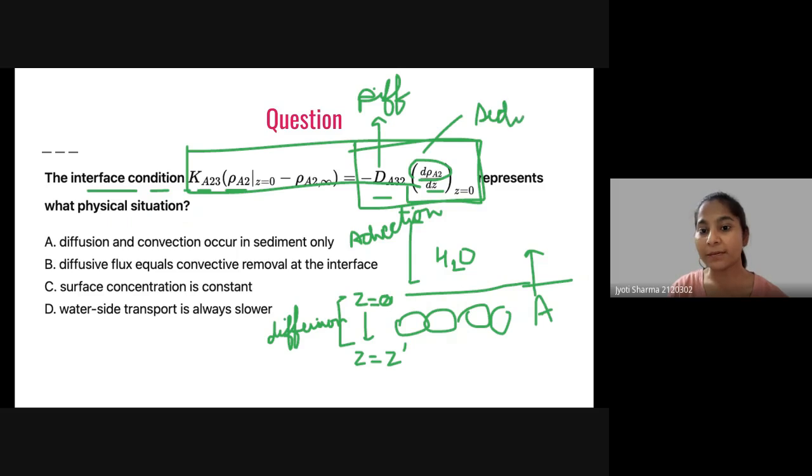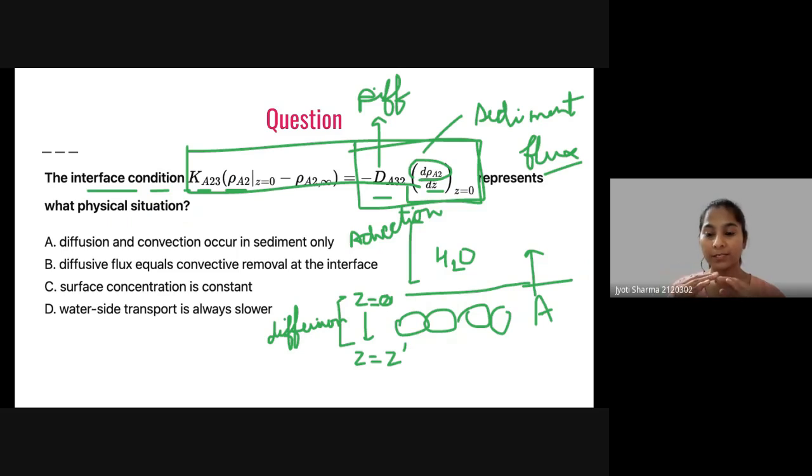Whenever we have diffusivity multiplied by the gradient, it gives us the flux. So this right hand side term is nothing but the flux at the sediment side.